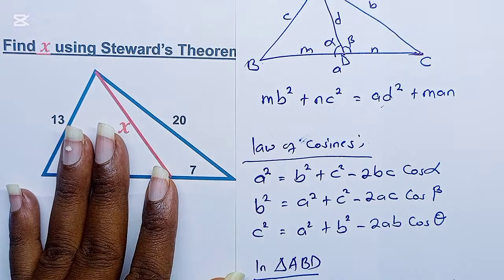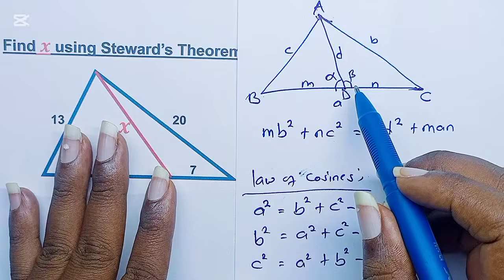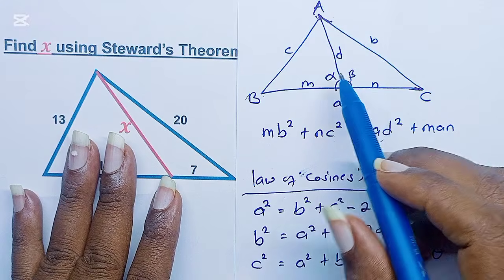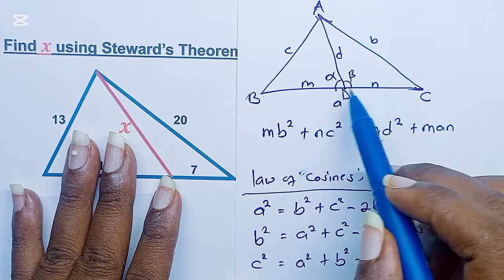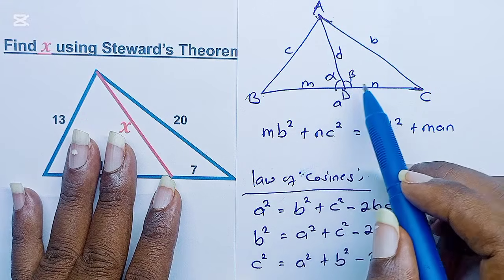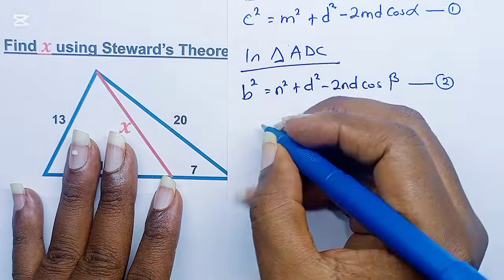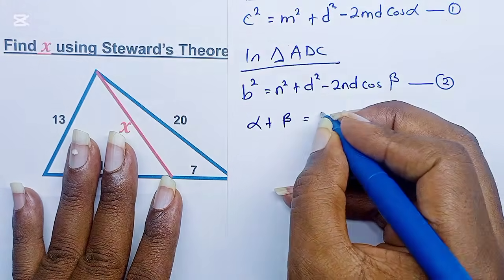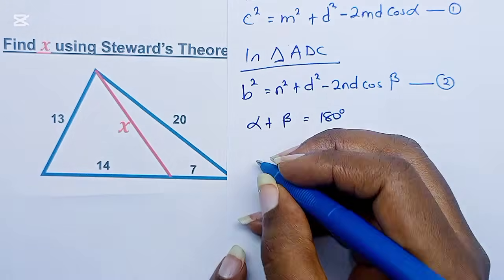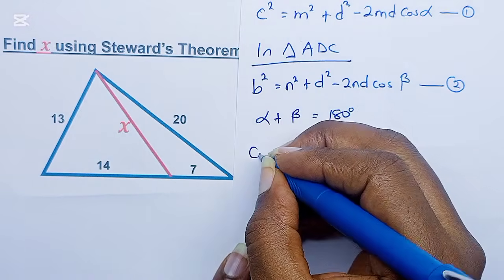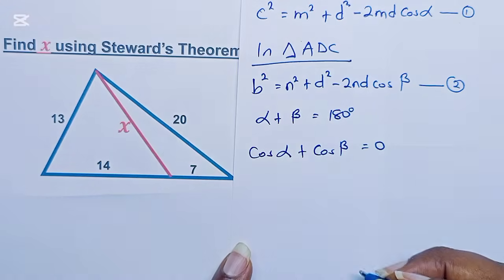Now, as we can see, angle alpha and angle beta are complementary angles because they lie on a straight line. Sorry, they are supplementary angles because they lie on a straight line. They add up to 180 degrees, so alpha plus beta is 180 degrees. Also, remember that cos alpha plus cos beta is equal to 0.